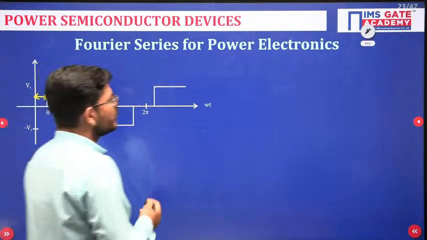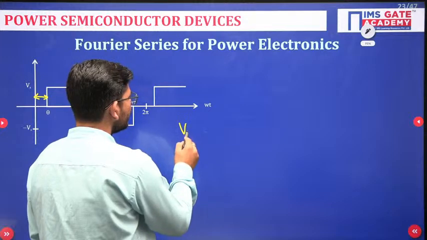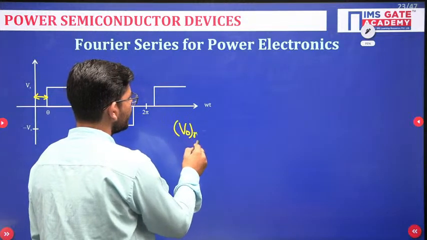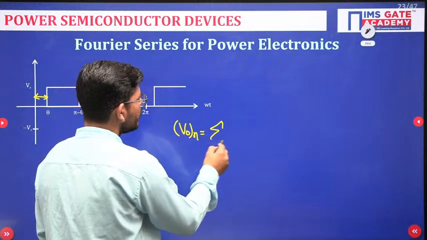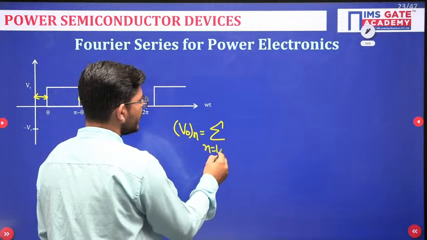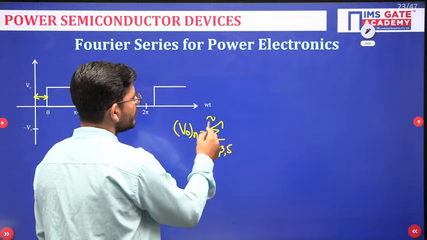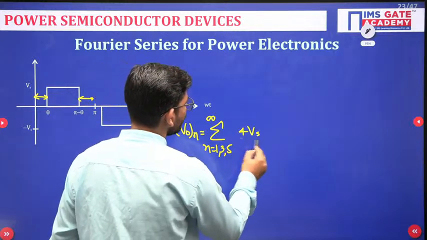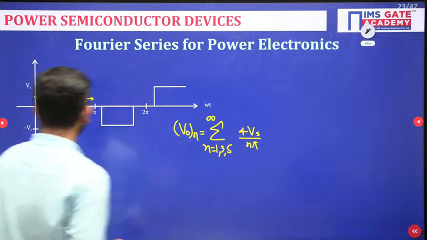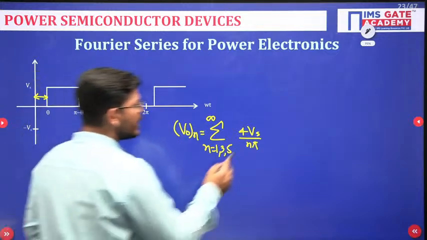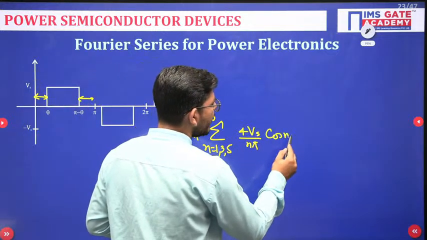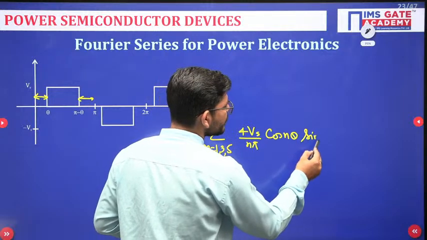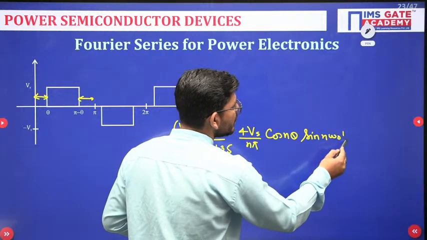So if we have this kind of waveform, then what will be the Fourier series expression? This is n equals 1, 3, 5 to infinity, 4, and the magnitude Vs over n pi, and just see, this is theta. So you have to write here cos of n theta, rest everything is the same, sine n omega naught t.